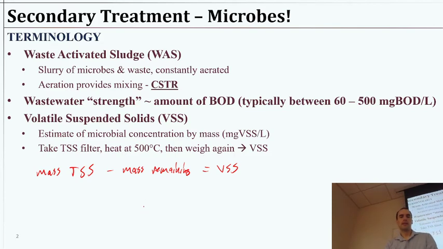And essentially, we count that as our bacterial mass. It's not a perfect measurement, obviously. There's other organics in there that are not bacteria, but it's handy. It gives a good estimation for wastewater operation purposes.